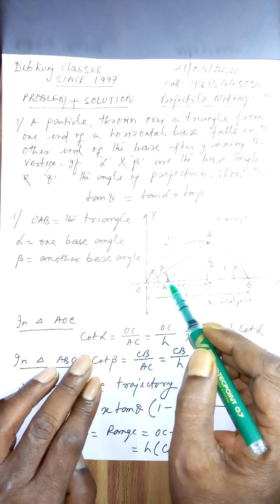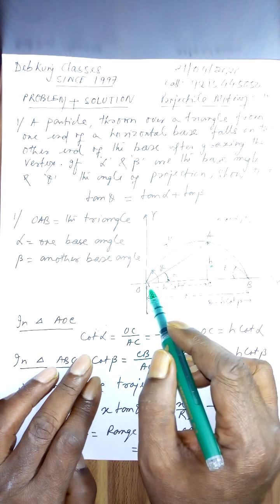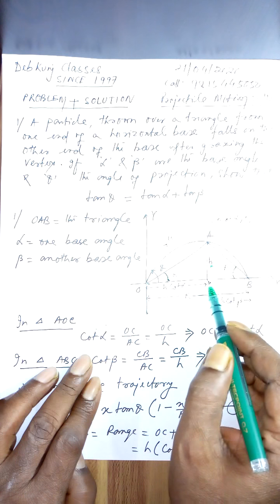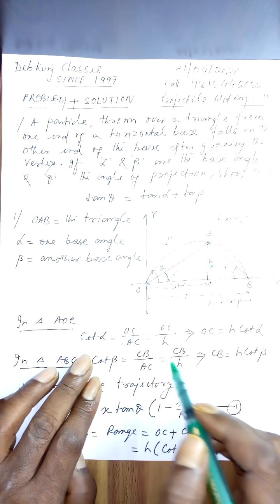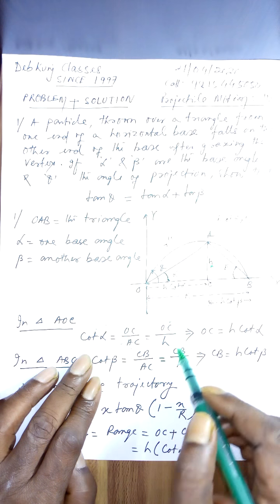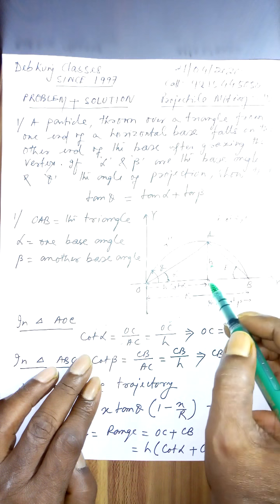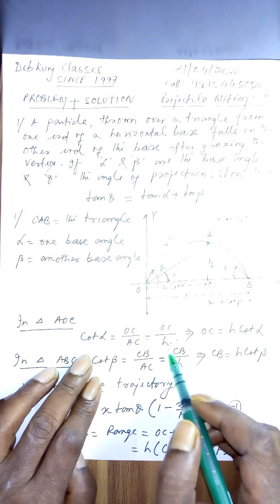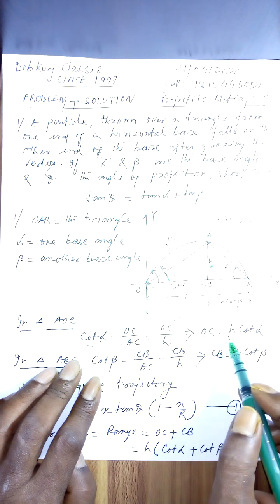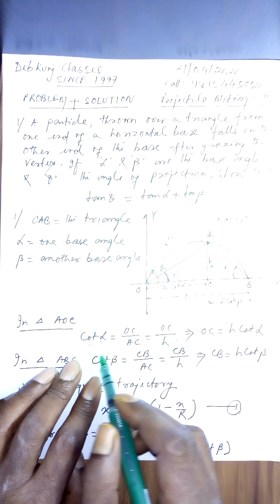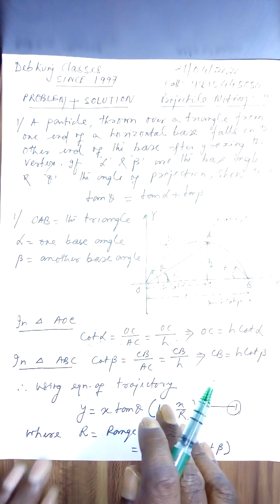So cotangent of alpha, cot alpha, will be base OC over perpendicular AC. OC I keep as such, AC I have considered as small h. So cross multiplying, OC is equal to h cot alpha.